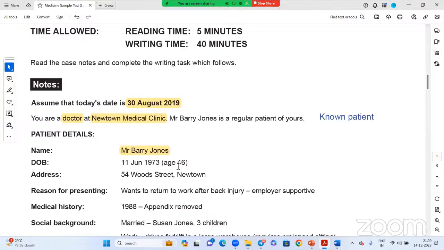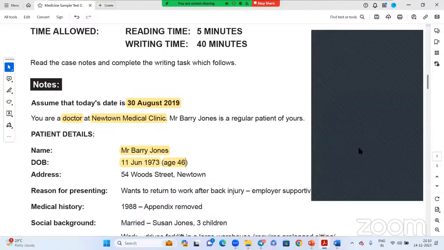And next one, date of birth is this. And age is this. Okay. Right. Now try to understand. So here you will write, you are writing this letter regarding this particular person. Remember that.